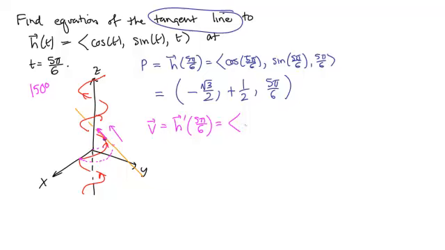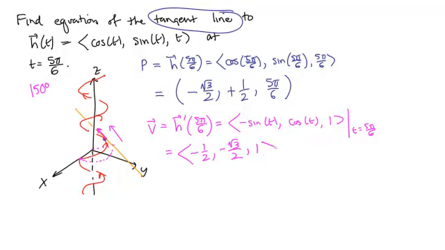The derivative of this is going to be negative sine of t, cosine of t, and the derivative of t is 1, and then we'll plug in t equals 5 pi over 6. And so the vector that we're going to get is negative the sine of 5 pi over 6, which is negative 1/2, the cosine of 5 pi over 6, which is negative root 3 over 2. Sorry, I had a brain fart there.